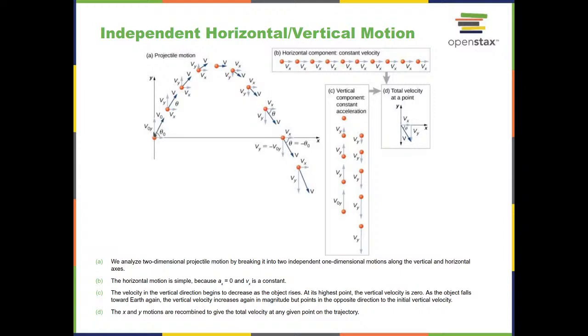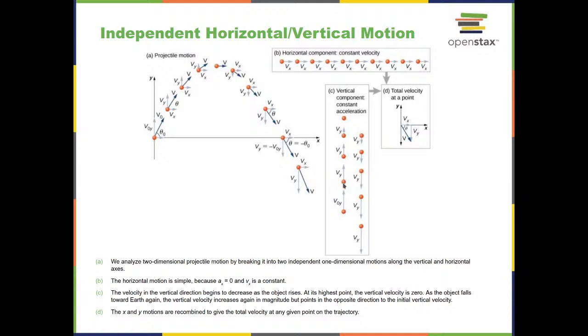So if we look at, for example, a ball that is launched at an angle upwards and then describes a trajectory, or a path, that looks like this, a parabola, which we'll be able to derive is indeed a parabola. The horizontal component of the velocity always remains the same, and it's given by the initial horizontal velocity that we gave to that particle when we launched it. The vertical velocity starts at an initial positive velocity, but there's a negative acceleration due to free fall, due to gravity again.